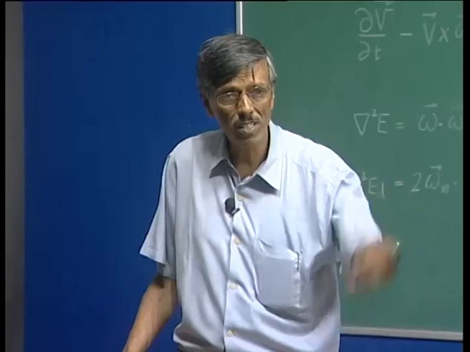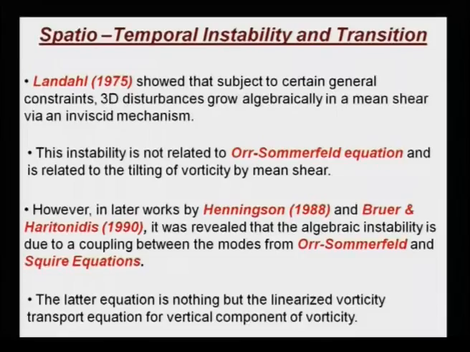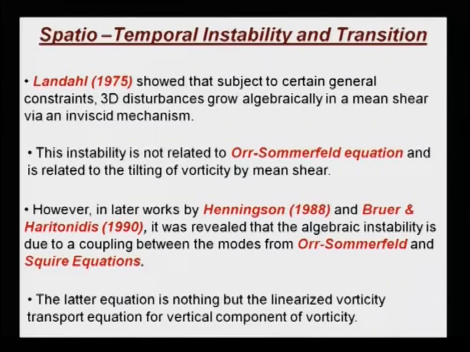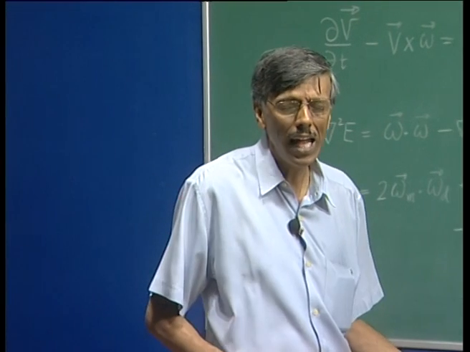following the original idea of Malkus, was Landahl. Landahl did lots of studies starting from his 1975 paper. What he showed is that you could see a 3D disturbance that grows algebraically.